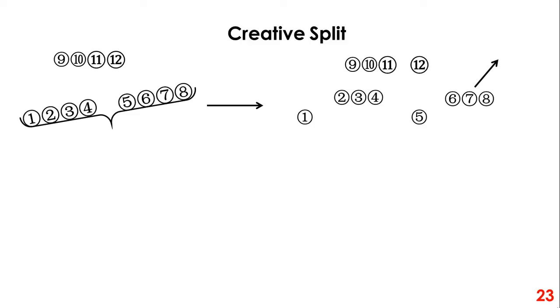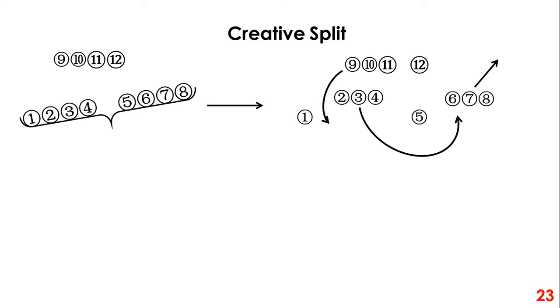Then we move them around in this way. First, lift coins 6, 7, 8 off the scale and put them aside. Second, move the group 2, 3, 4 to the right-hand side of the scale. Third, move the group 9, 10, 11 to the left-hand side of the scale.